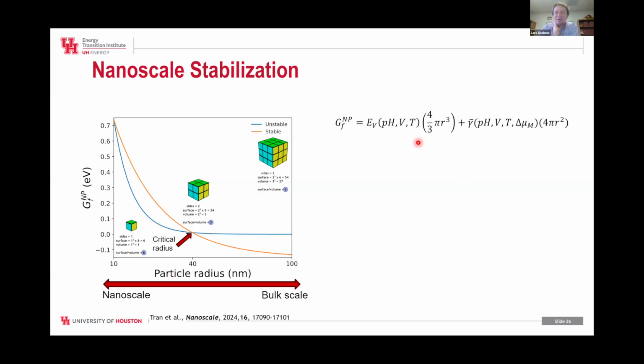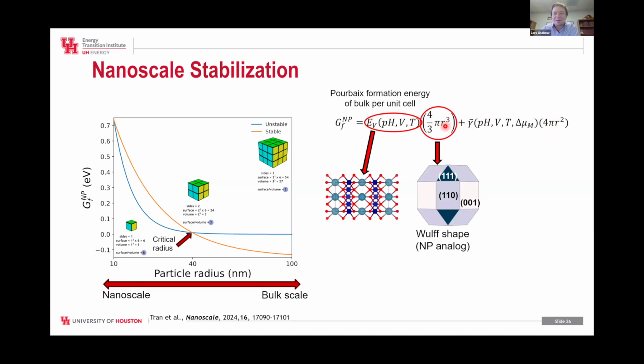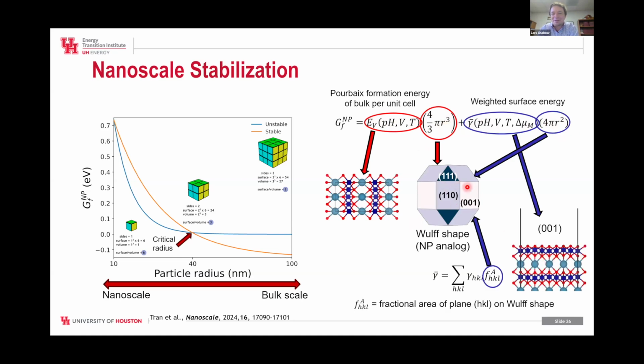The equation is shown here, and so what we have is the energy as the volume energies, the bulk energy that's multiplied with the volume, and here we're using the volume of a sphere, and then that's the surface free energy multiplied with the surface energy of the particle. And so now if we're changing the radius, this contribution scales with r squared, and this contribution scales with r cubed. And so we can look at the surfaces.